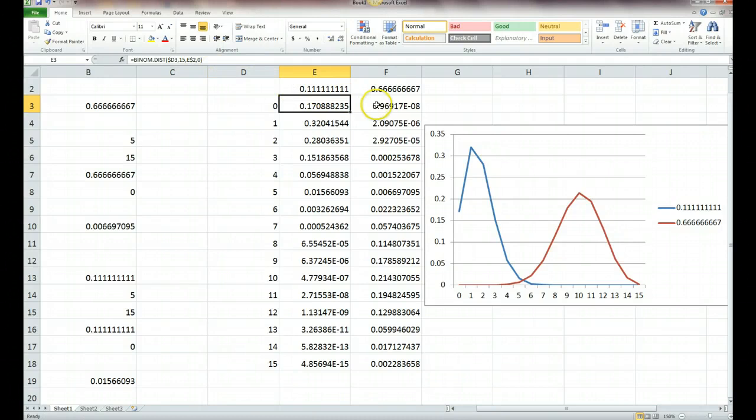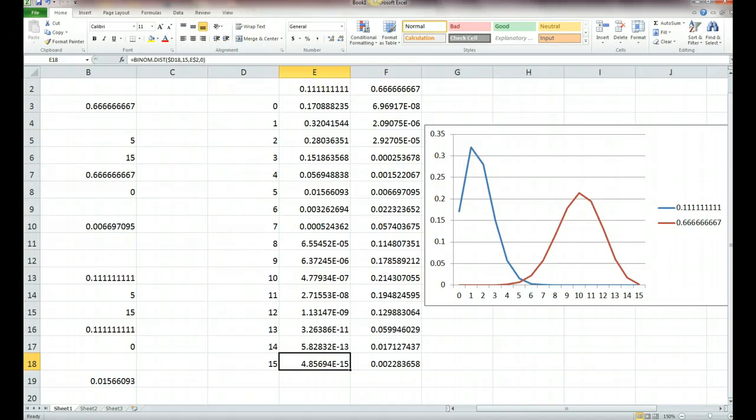The same thing here, you would have F2 because that's where your probability is. When you copy it down, for example at 15, you have D18, where you have 15 successes, and 15 tosses, probability E2, which is 0.1111, and non-cumulative.